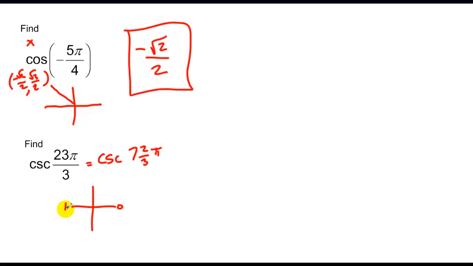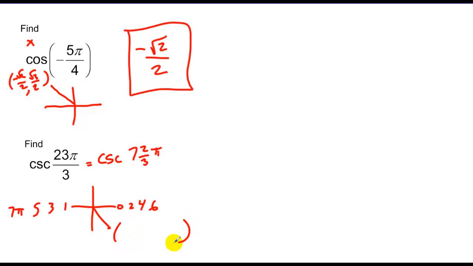Here's 0, 1, 2, 3, 4, 5, 6, and 7 pi. And I need to go 2/3 more from here. So I'm traveling once again in a positive direction. 1, 2, 3, 4, 5, 6, 7. And now I need to go 2/3 more. So here's 1/3, 2/3, which puts me somewhere in this fourth quadrant.